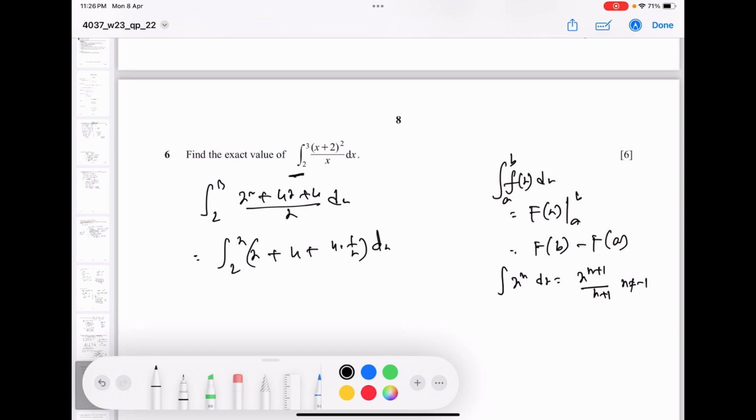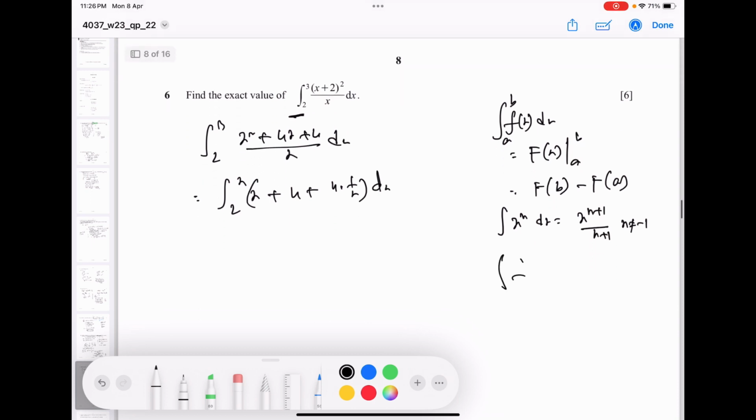We know another formula: the integral of 1 by x dx equals ln x plus c. Since a limit is given, it is not necessary to use c. So x squared by 2 plus 4x plus 4 ln of modulus x, with the limits 2 to 3.